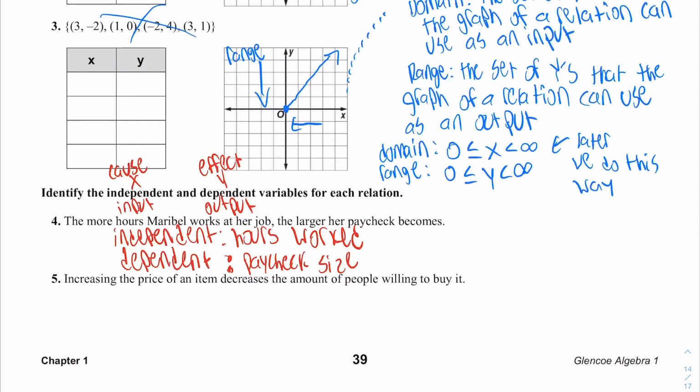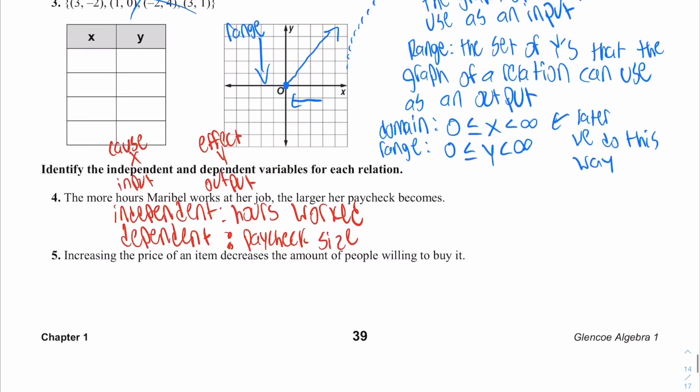Or if less people want to buy your stuff, would you raise the price? If people don't want to buy your item, would you raise the price of it? The answer is no. So that means the price causes the effect for how many people want to buy it. So the price is the independent.